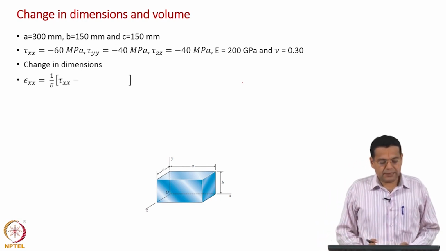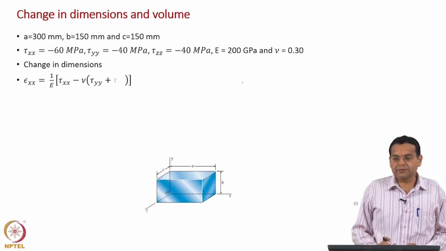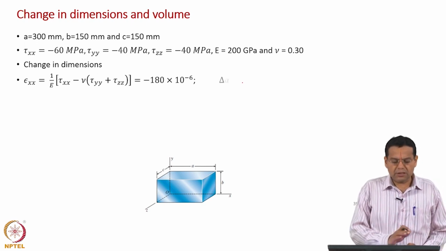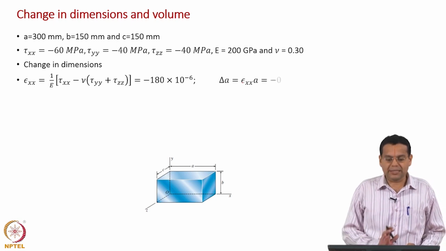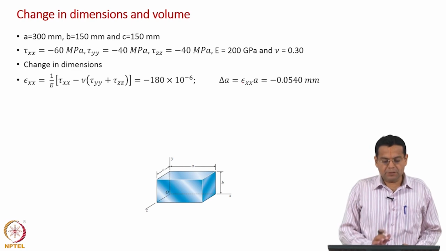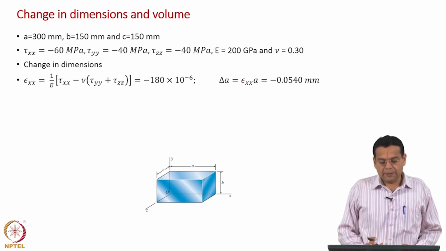So, epsilon xx is equal to the expression which we have derived in terms of the three normal stresses. So, all the values are available. As I told you, these examples are not conceptually difficult, simple substitution examples. So, simply substitute, we will get minus 180 into 10 power minus 6.